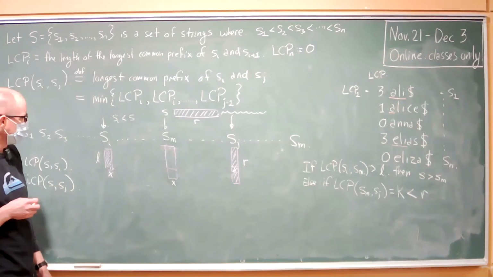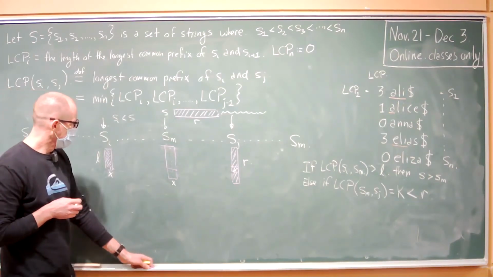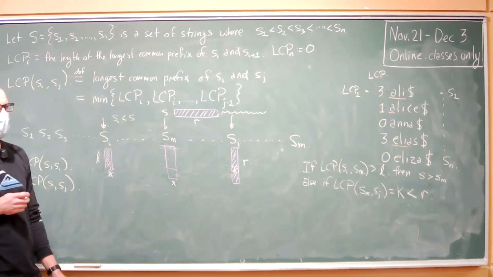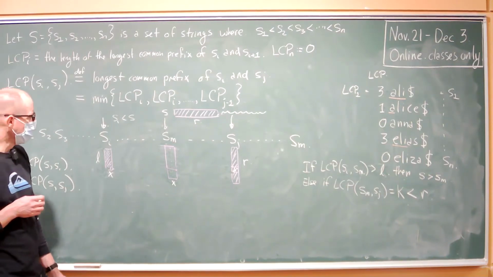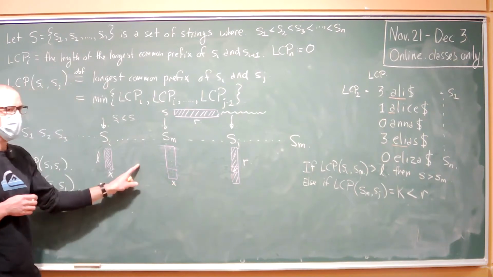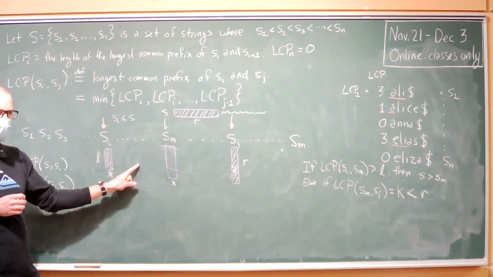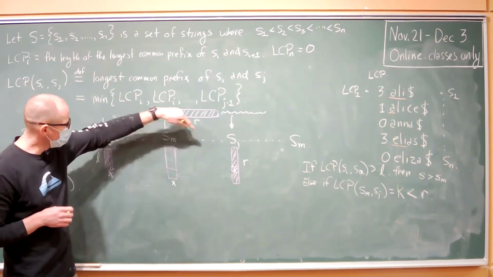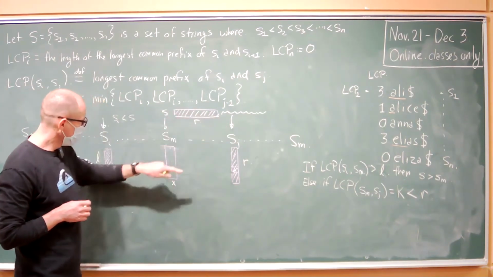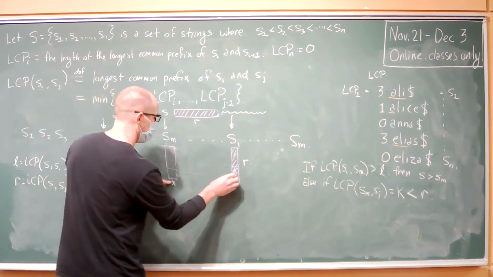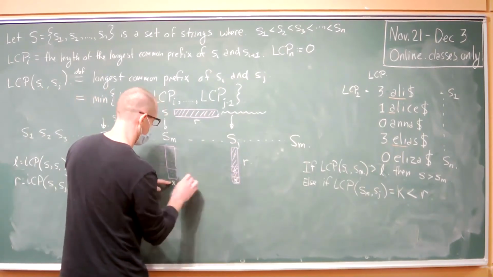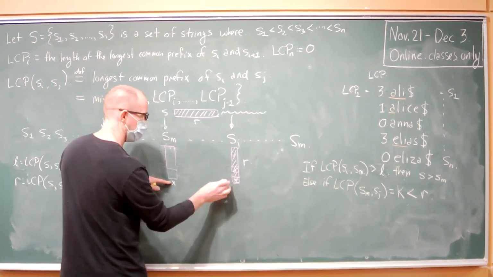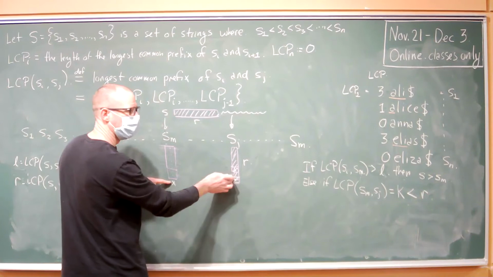Now, where is the search going to go at this point? Do I know if S is over here or if it's over here? It has to be on the right-hand side. Why? Because SM comes before SJ, which means that this X here is smaller than, they differ right here, this X is smaller than whatever this X prime is at the corresponding location here.